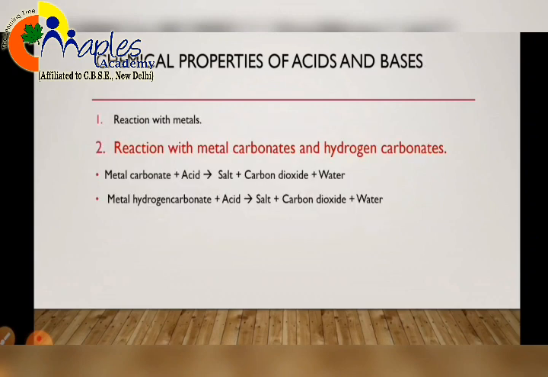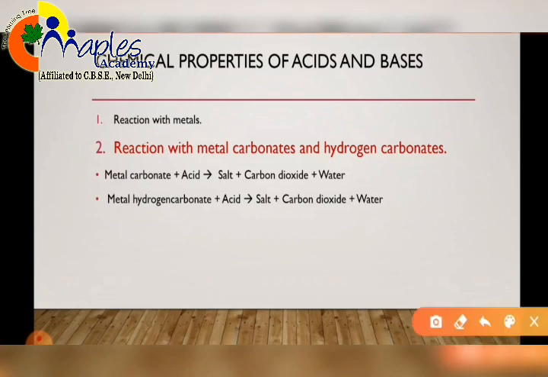Now let's move further with the second property of acids and bases: how do they react with metal carbonates and metal hydrogen carbonates, right? Metal carbonate, we already know what it is, carbonate CO3.